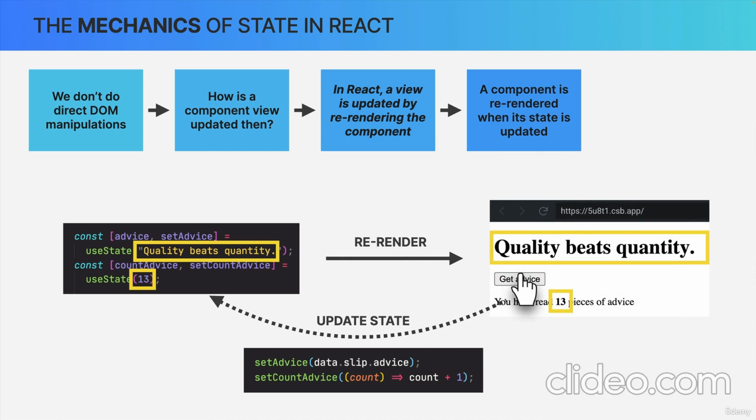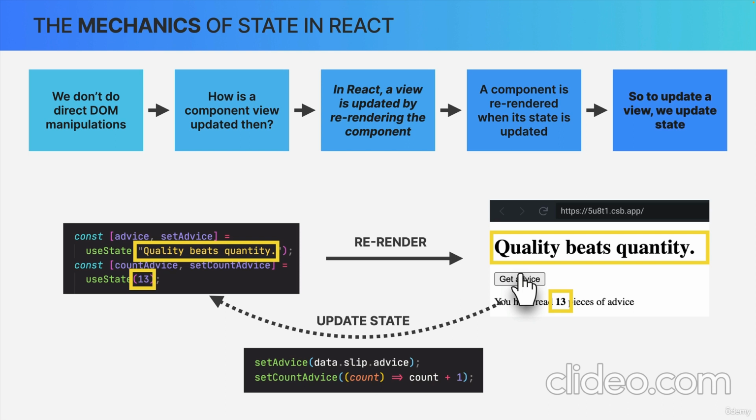And with this, I hope that the mechanics of state in React are now really clear to you. So the conclusion of all this is that as React developers, whenever we want to update a component view, we update its state. And so React will then react to that update and do its thing.